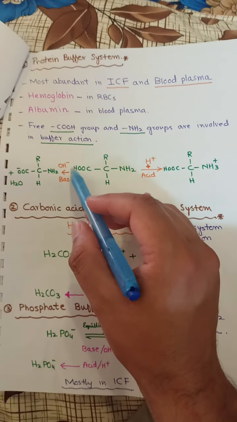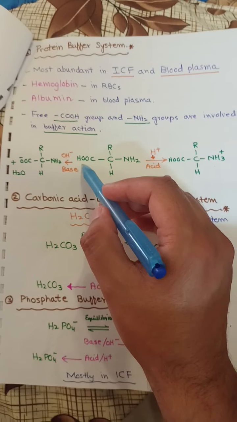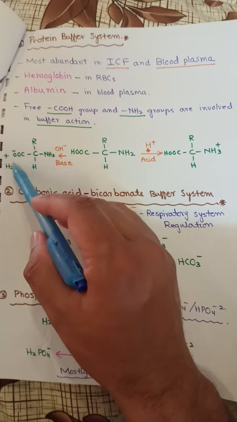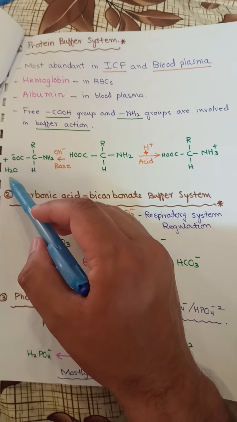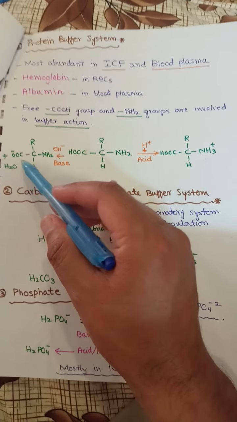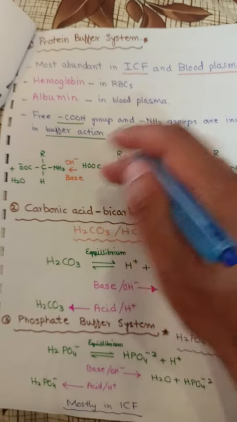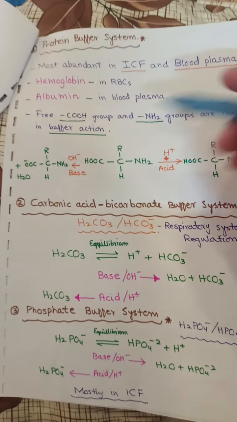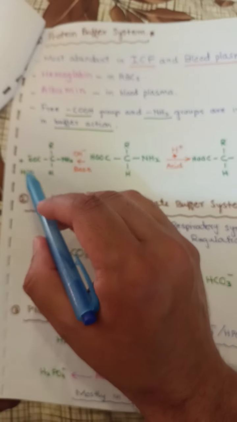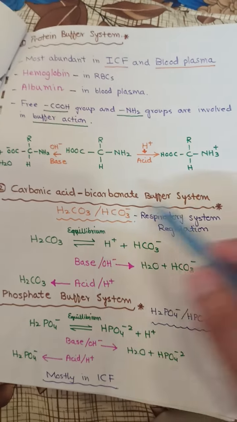Similarly, if hydroxyl ion concentration increases, or in a basic condition where hydrogen ion is lowered, the carboxylic acid group functions and it releases hydrogen ion, which combines with hydroxyl to form water. In this way it copes with this condition.